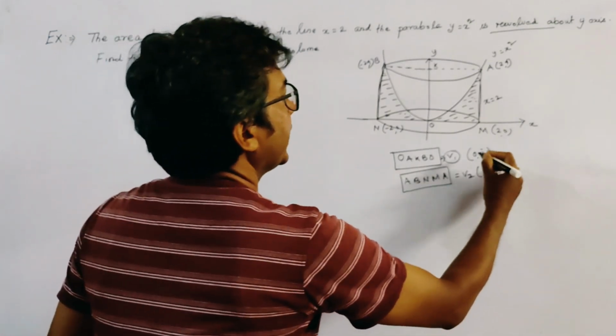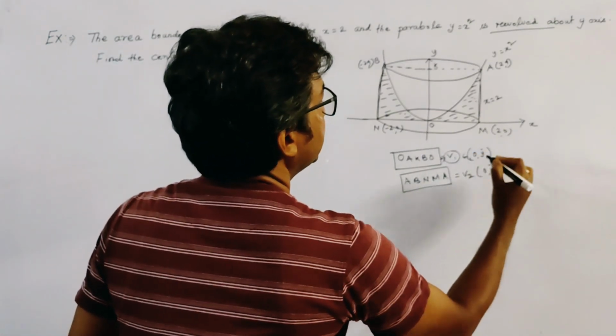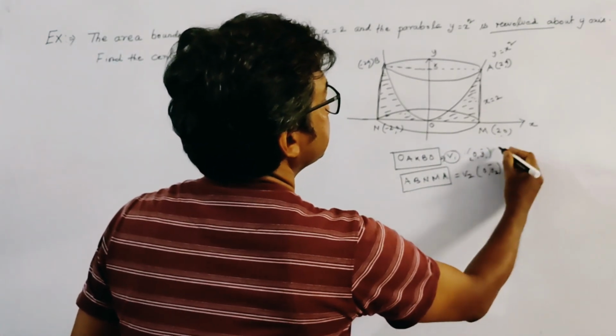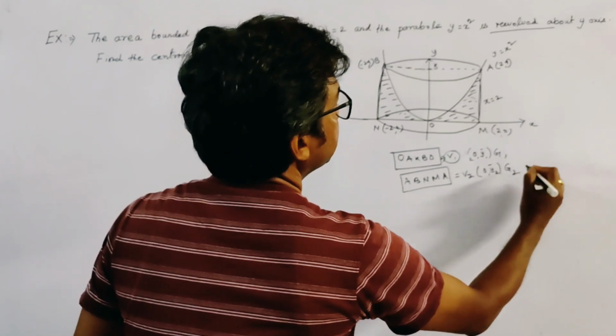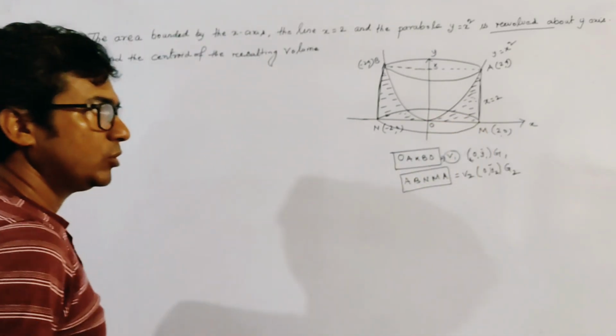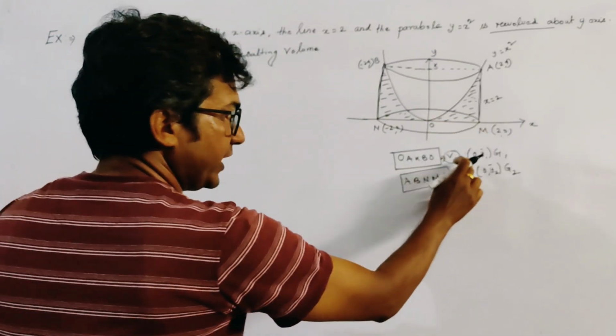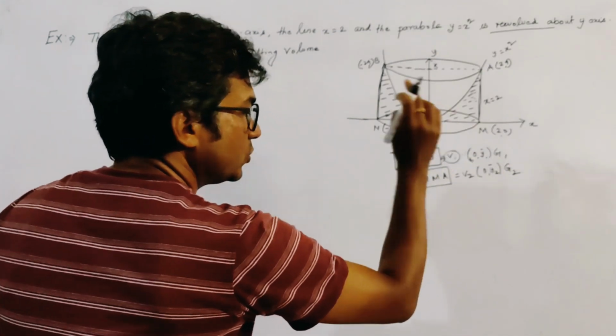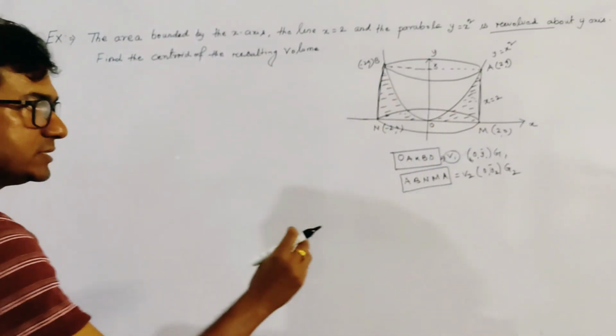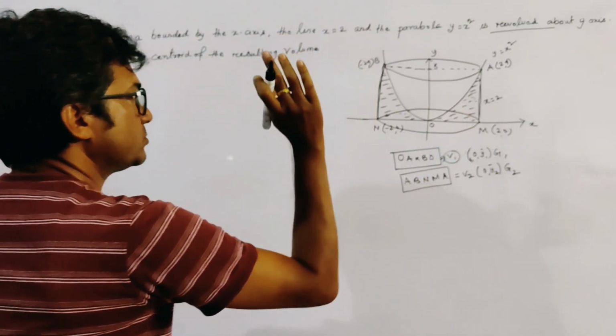Let them be at G1 and G2. Now we first find the coordinate y1 bar, that is the center of gravity of the first body.